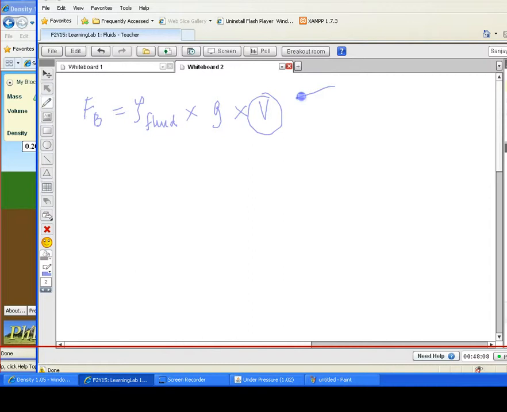So now, if this V is maximum, which means that the solid is completely submerged under water, then the volume displaced is the volume of the solid. Do we agree with that?